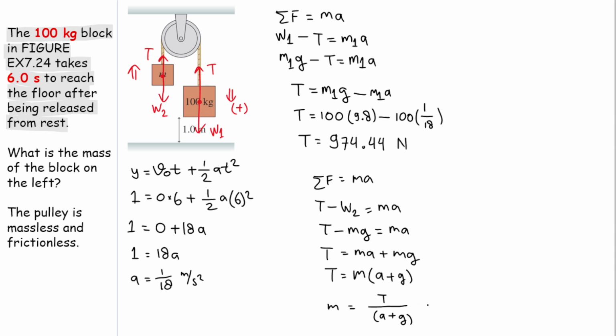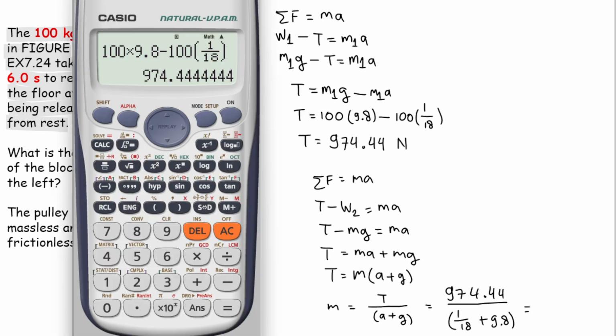Okay, so now we can plug in the numerical values. T is 974.44, and then the acceleration here is 1/18, and then g here is 9.8. And let's plug that into the calculator.